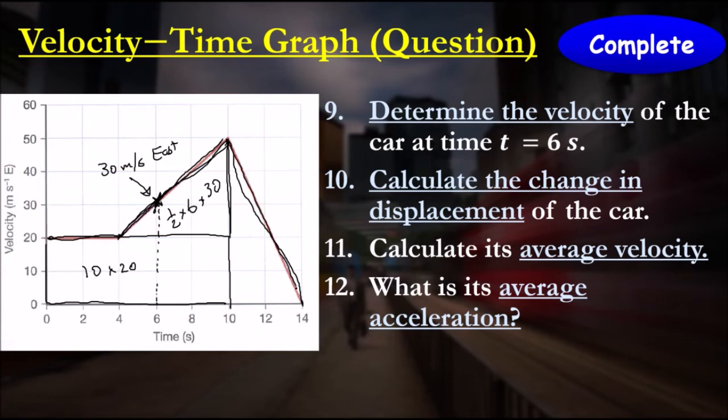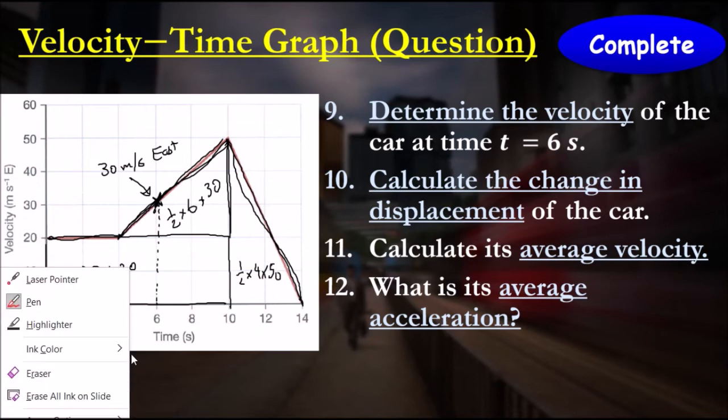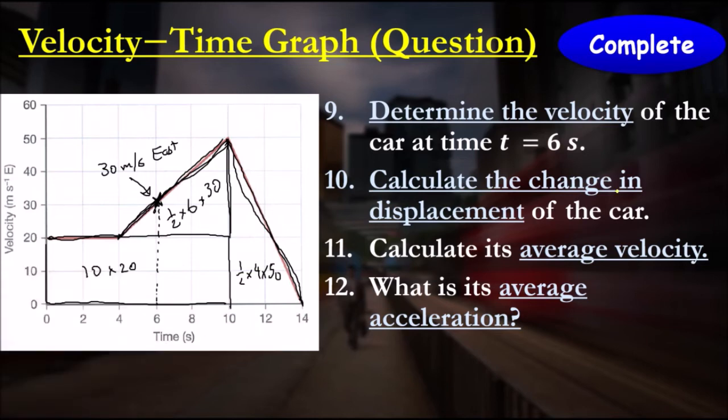And then this triangle here is half times 4 seconds, from 10 to 14, by a height of 50. If we add all that together, we find its displacement, and its displacement would be 390 meters east.